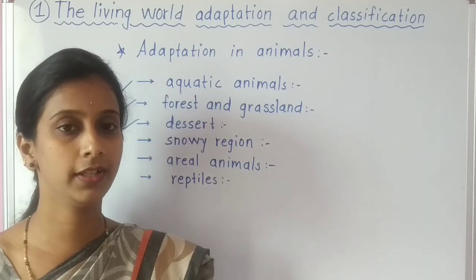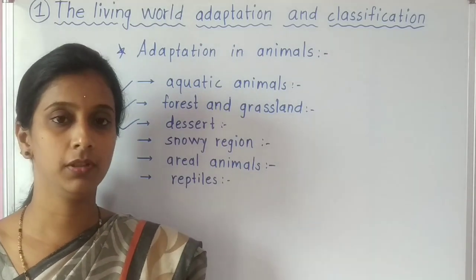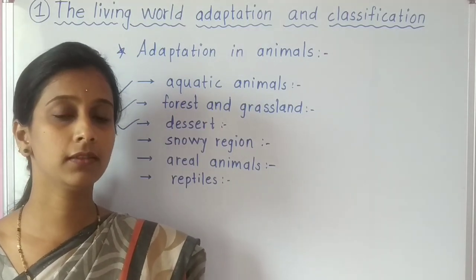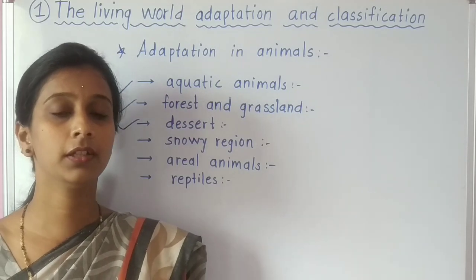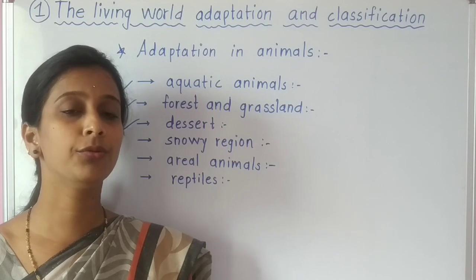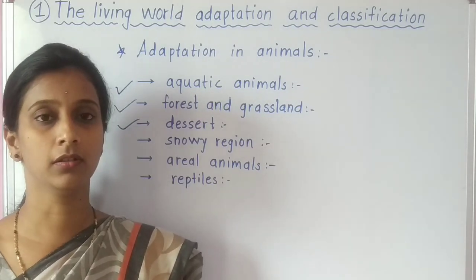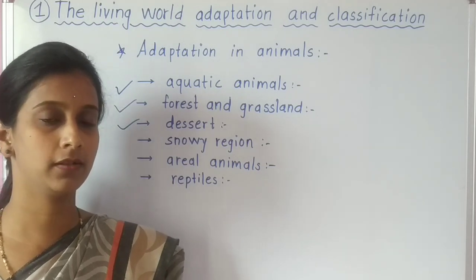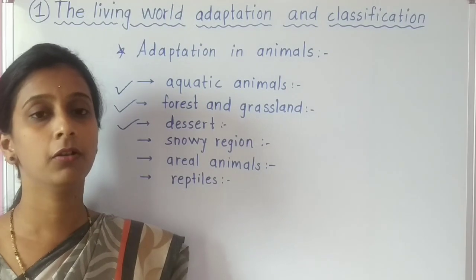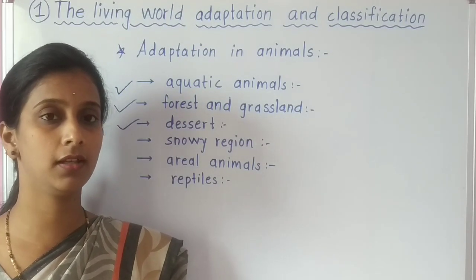A well-known example of desert animal is the camel. This type of desert animal has very thick skin to avoid evaporation. We know that a large amount of heat is present in the desert region, in this geographical region. So to avoid evaporation, to save the water inside the body of animals, the animals have very thick skin.